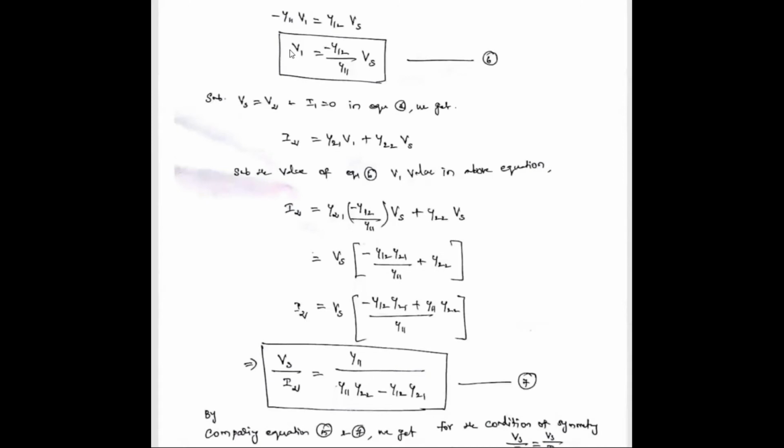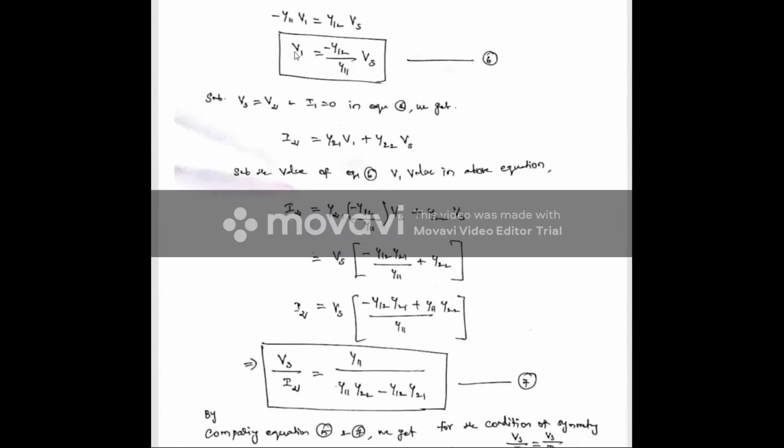So we already derived the value of v1, so we substitute this v1 value in this equation. Then take vs as common and take LCM. Then from this vs divided by I2 equal to y11 divided by this one. Okay, this is equation number 7.